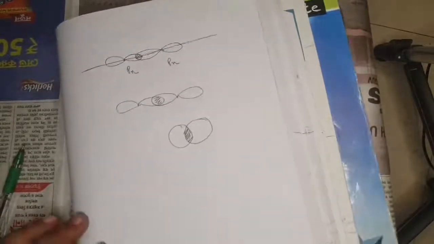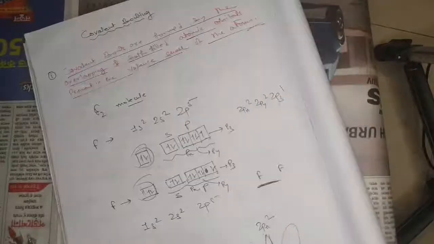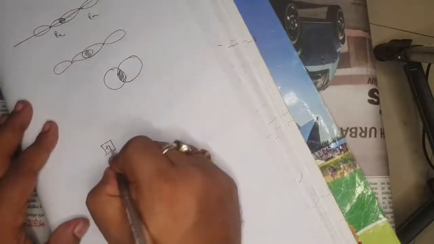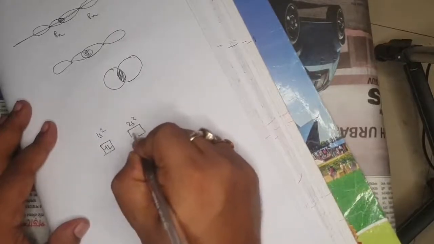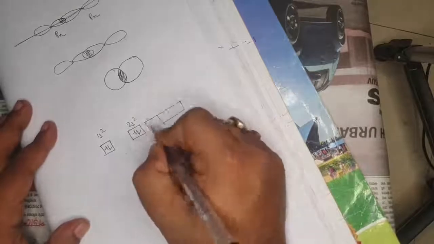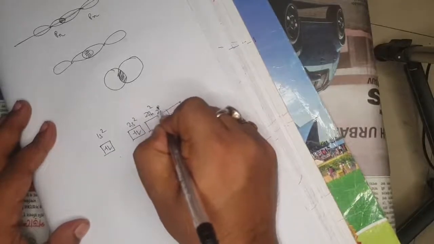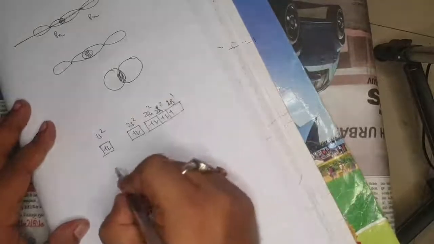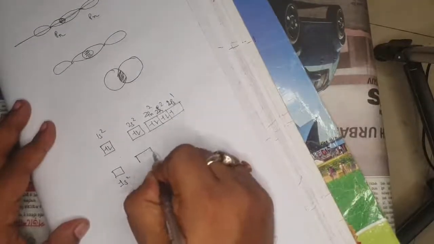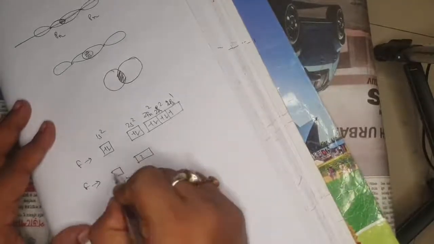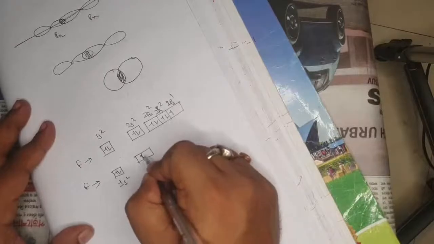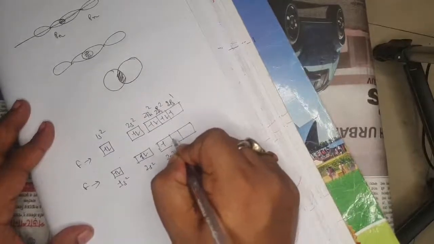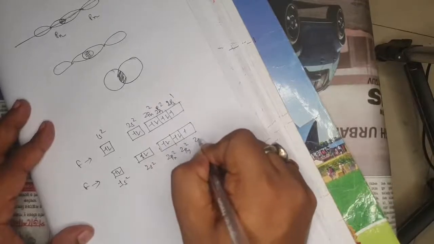But when we show the bonding, suppose you have written for fluorine 1s2, 2s2, 2px2, 2py2, and this is one F atom, this is another F atom, 1s2, 2s2, 2px2, 2py2, 2pz1.